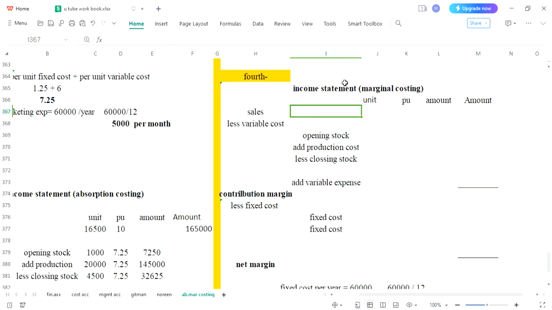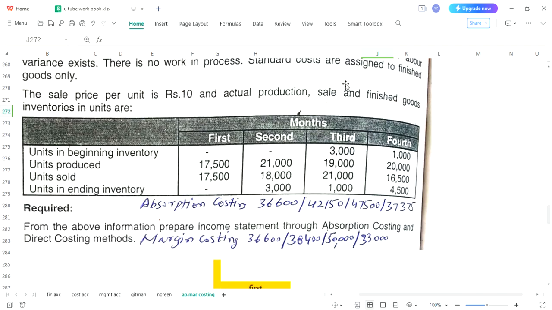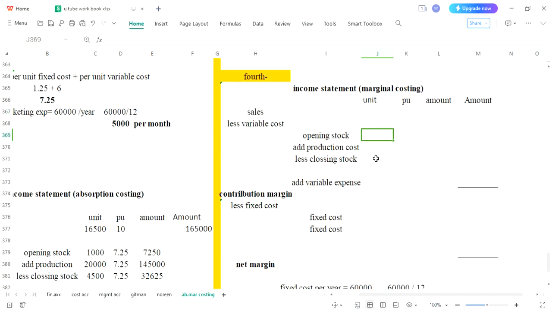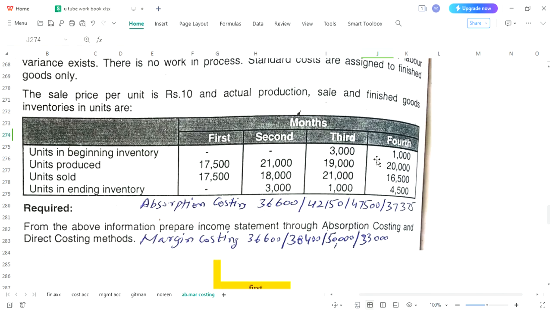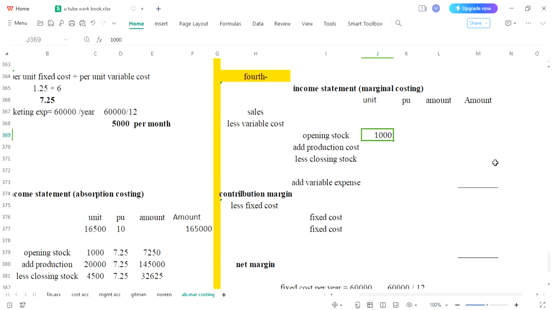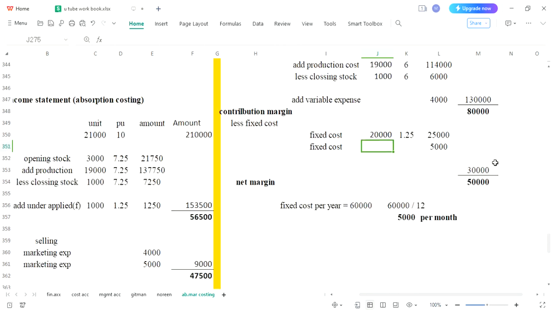Let's go back to the question and see what is in fourth part. This is your fourth part, and first element is your beginning inventory, which is 1000 number of units. So here beginning inventory 1000. Okay, for fourth part, second is 20,000 units produced.